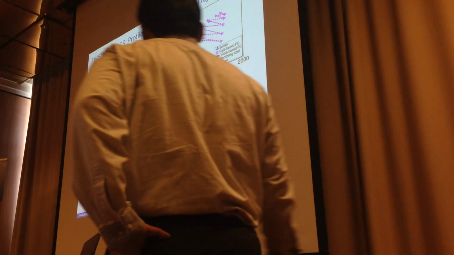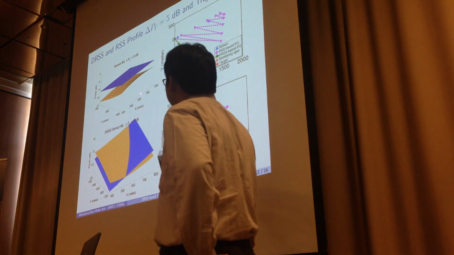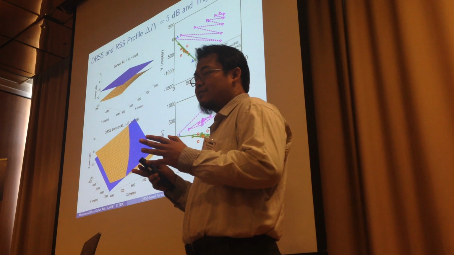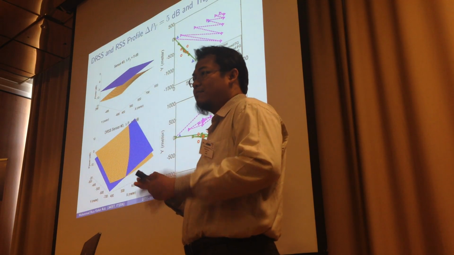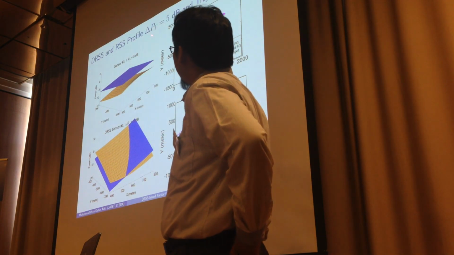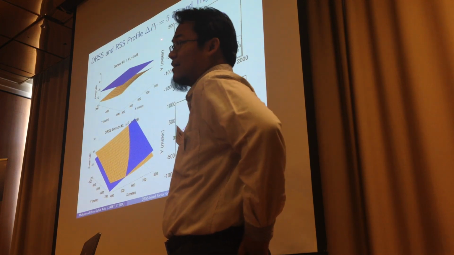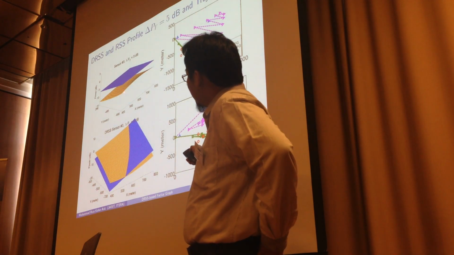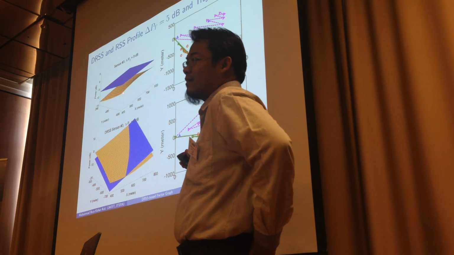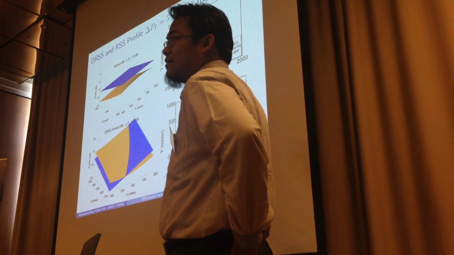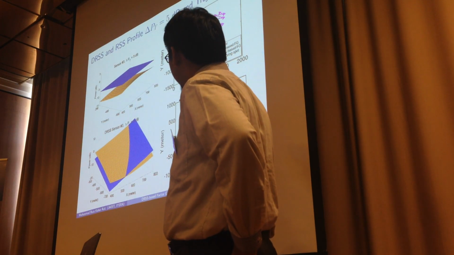But as I said before, the RSS case needs to know the transmit power. What happens if the transmit power of the unknown target and the monitoring spot is different by 5 dB? In the RSS case, there is a big gap. That's why this technique cannot reach the target.